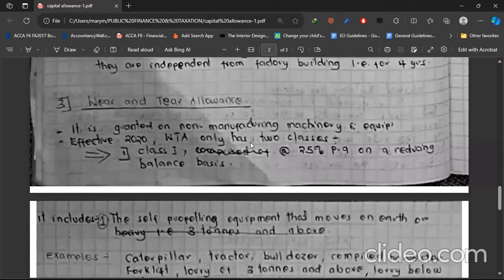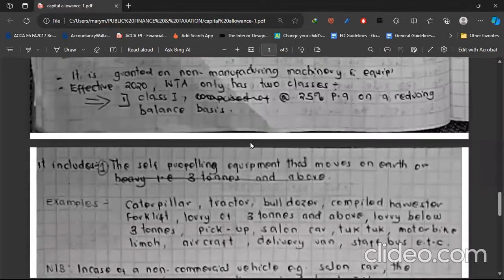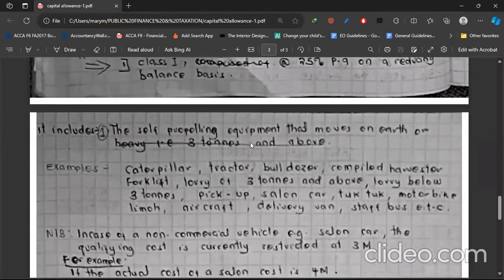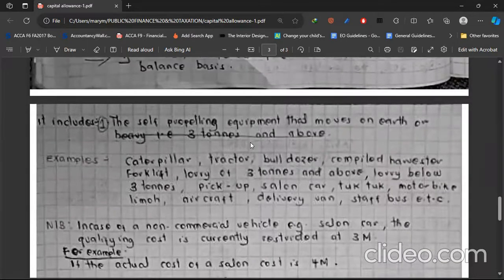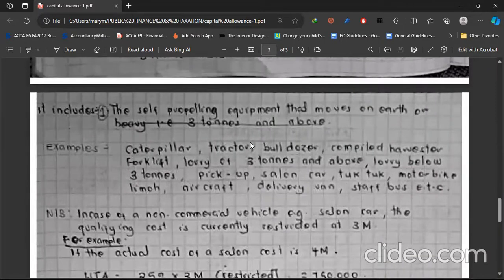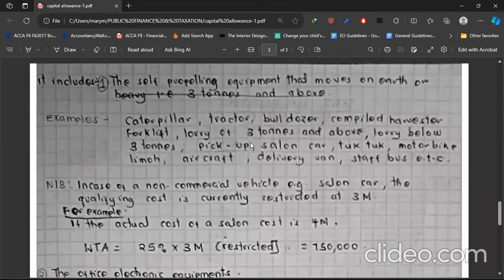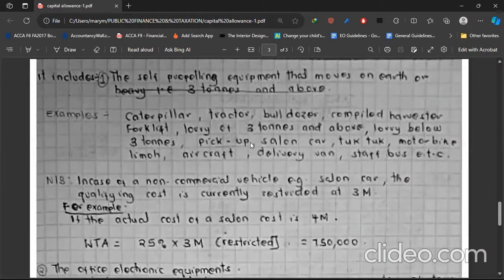These assets normally include self-propelling equipments that move on earth: caterpillar, tractor, bulldozers, combined harvester, forklifts, lorries below and up to 3 tons. We also talk about the pickup, saloon car, tuk-tuk, motorbikes, limo, aircraft, delivery van, and staff buses.